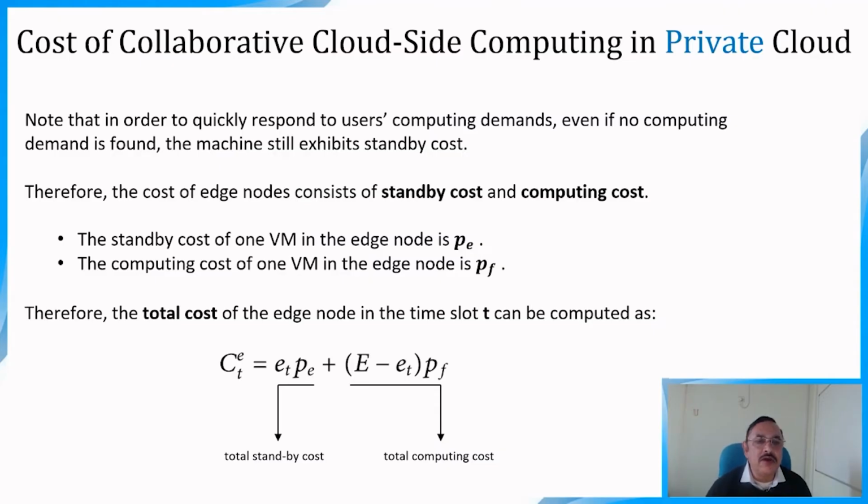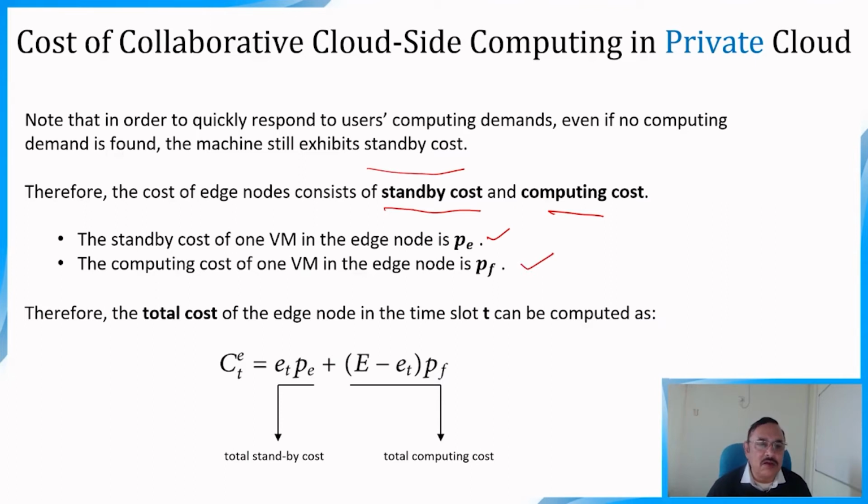In order to quickly respond to the user's computing demand, even if no computing demand is found, the machine still incurs standby cost. Therefore, the cost of the edge nodes consists of standby cost plus computing cost. The standby cost of 1 VM in the edge node is P_e, and the computing cost of 1 VM in the edge node is P_f.